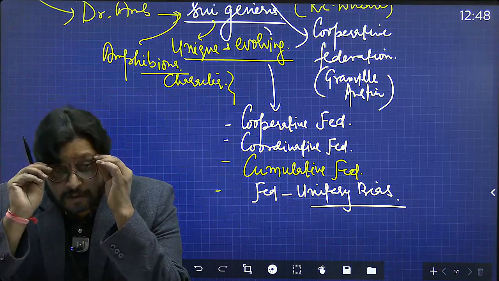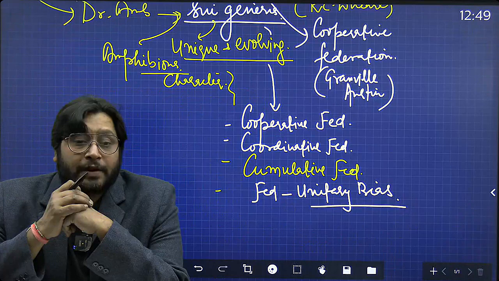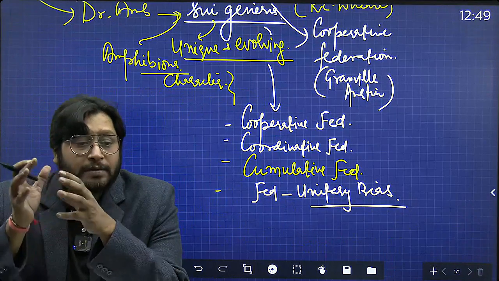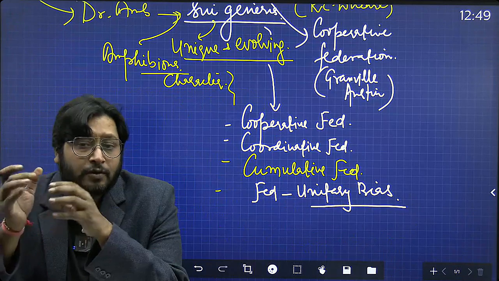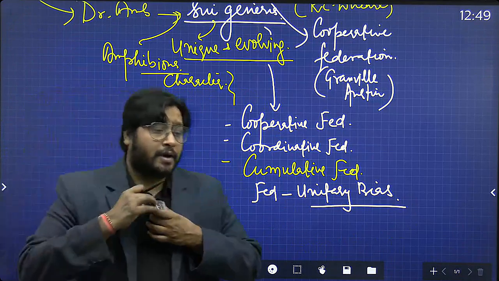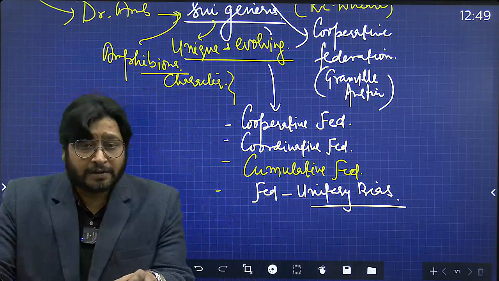Some scholars have believed that it is dominantly unitary with subsidiary federal features, and they have given references for emergency, president's rule, Rajya Sabha status, and so on. Some have agreed that no, it is federal with unitary bias.